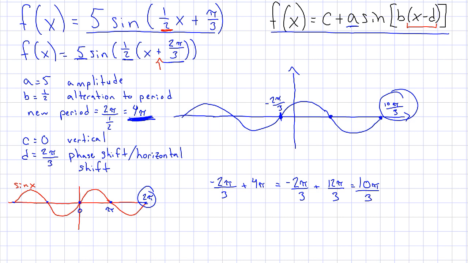I have 2 points where my function is touching the x-axis. I know that the amplitude is 5, so I'm going to draw my lines here, and I'm going to call this negative 5, and this positive 5. I have indicated my new period as being 4 pi. I have a couple labels of where my function is touching the x-axis, and I'm all done.